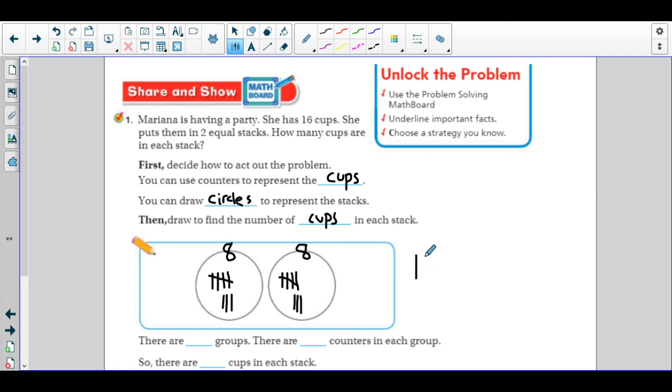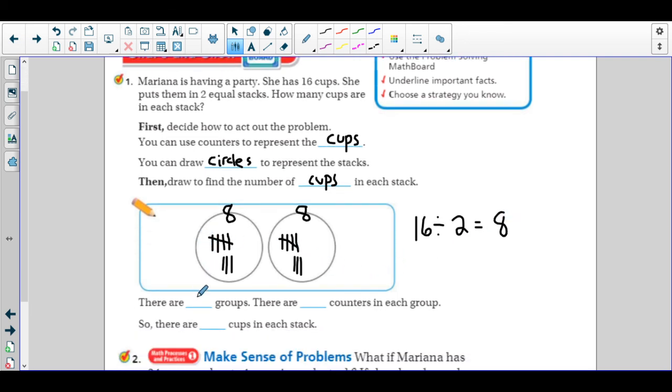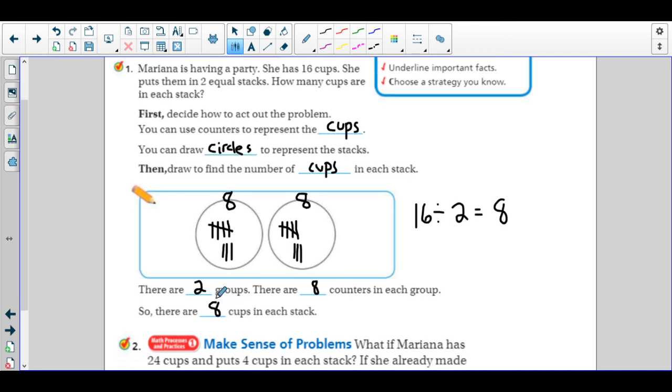So 16 cups divided into 2 stacks is going to be 8 cups in each stack. So 2 groups, there are 8 counters or tallies in each group. So there are 8 cups in each stack.